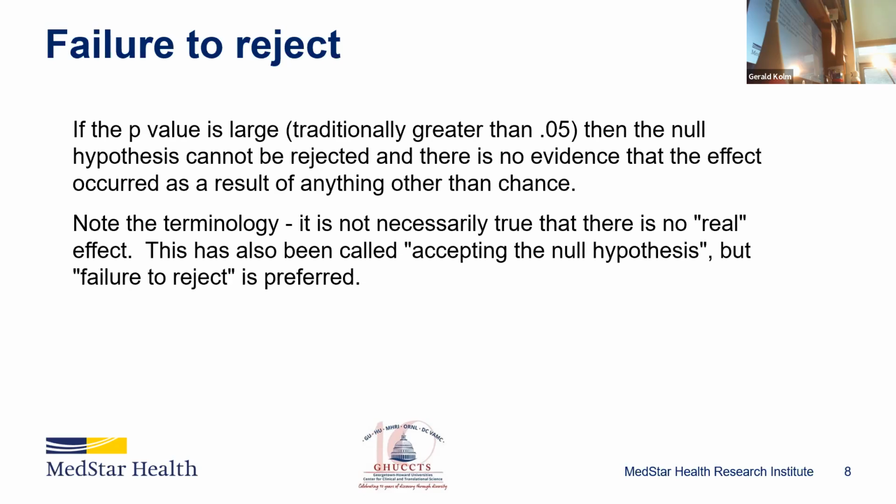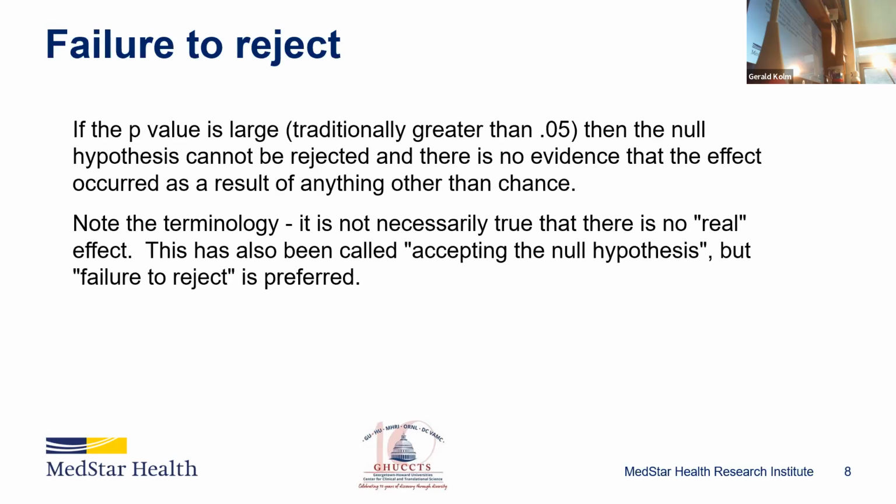If the p-value turns out to be large, that is, we get non-significant results, traditionally that's greater than a p-value of 0.05, then we can't reject the null hypothesis. And the only thing that we can really say is that we have no evidence that the effect occurred as a result of anything other than chance.